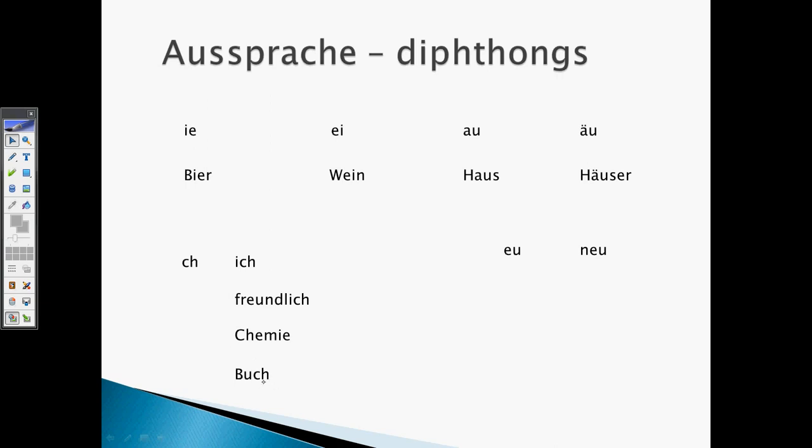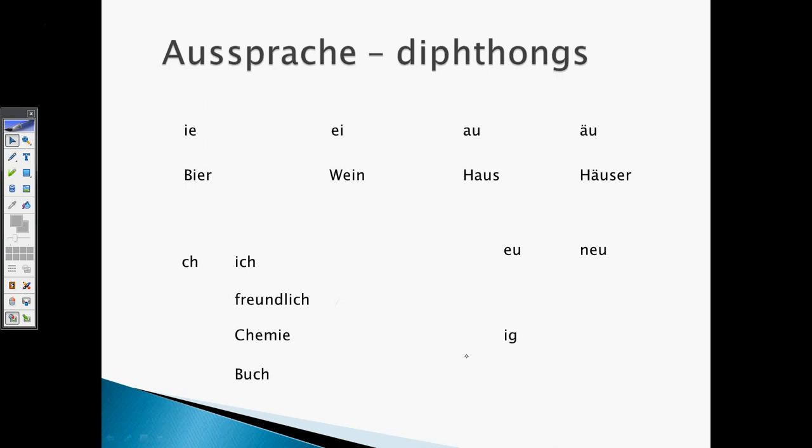So here, it's kind of like a soft gargle, is what I've found in some explanations before. So it's kind of like a buch, buch, okay? And I'm just saying that as an emphasis, right? Buch, das Buch. If I said it normally, das Buch, Chemie, freundlich, ich, right? Buch, das Buch, gut, okay?